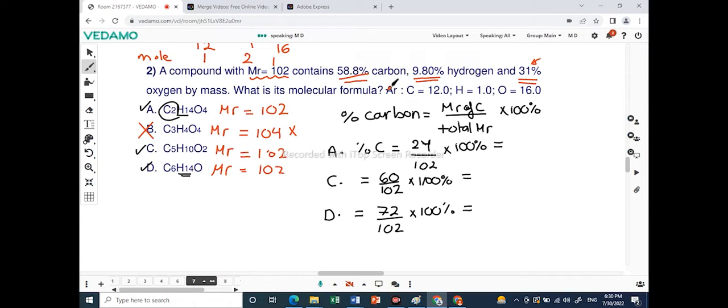Now you need to remember that you will be dividing 24 over 102, and you're going to divide 60 over 102. There is one common number in all of them, which is the division part. You're going to divide each time by 102. Maybe you will try thinking in math what would be the possible decimal. Of course it will be a decimal.